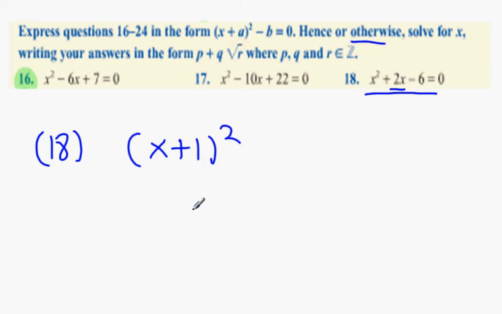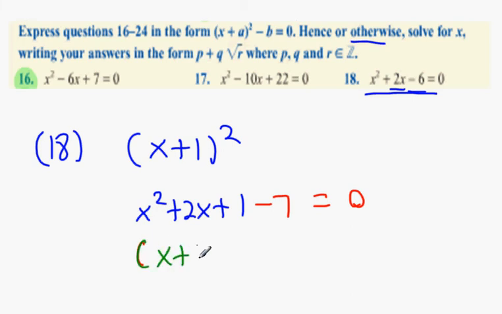Next thing we do, we multiply out (x plus 1) squared, and we're going to get x squared plus 2x plus 1. We didn't have plus 1, we're meant to have minus 6. What number can I put in here to fix that? Minus 7 equals 0. What we're next going to get is, we're going to change that back into the perfect square.